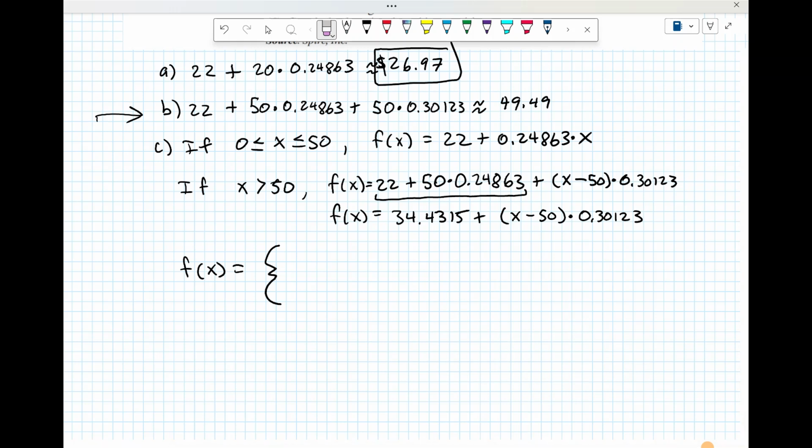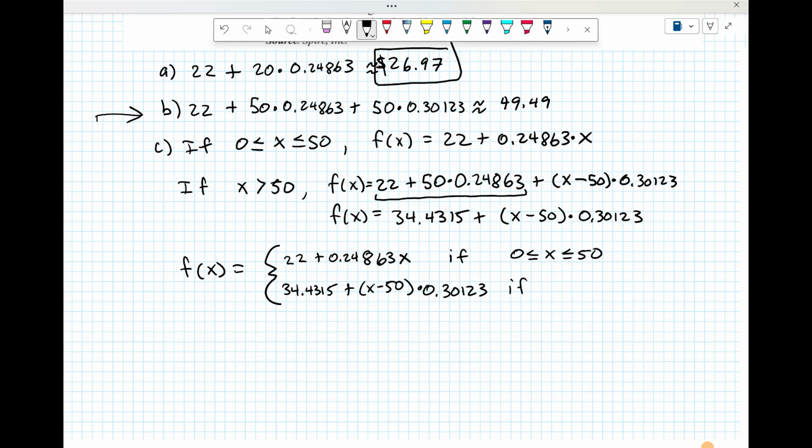So that's going to be 22 plus 0.24863x if 0 is less than or equal to x is less than or equal to 50. Or it'll be 34.4315 plus x minus 50 times 0.30123 if x is greater than 50. And so this would be my piecewise function.